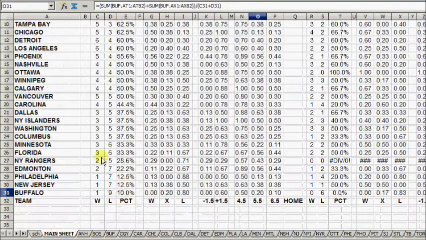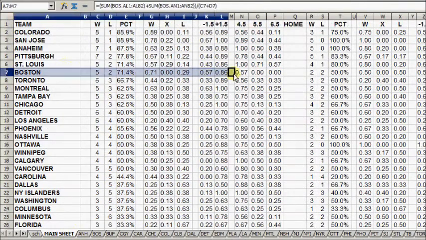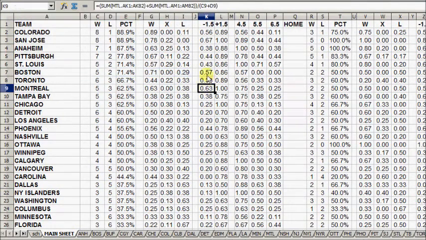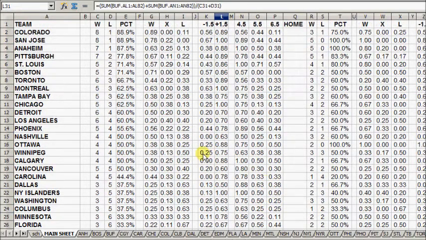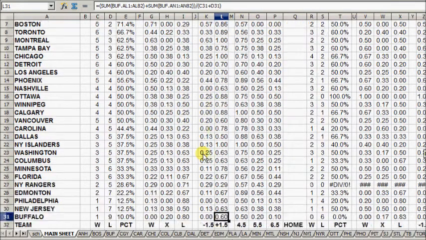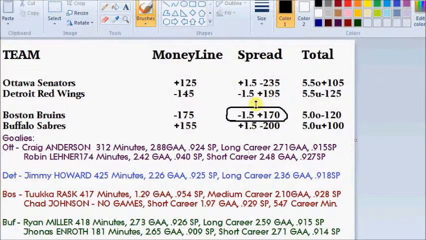And when we go back in here, we can see Boston has won by 2 goals or more over half the time. Buffalo has lost by 2 goals or more 40% of the time. So I'd be about 45, 46% sure that Boston's going to win by 2. So I think the play tomorrow is to lay a goal and a half on the Boston Bruins.